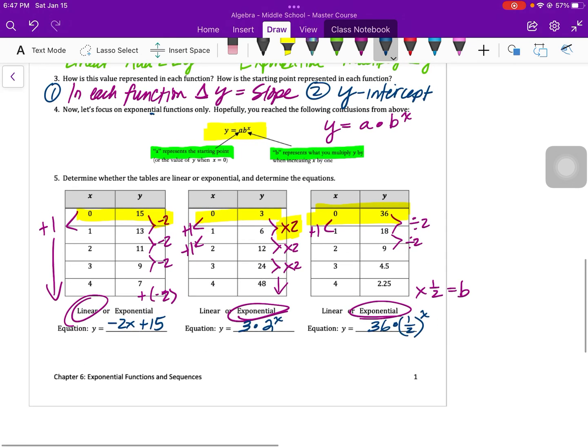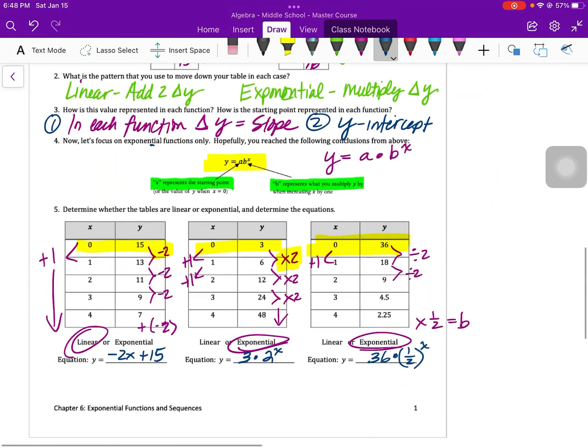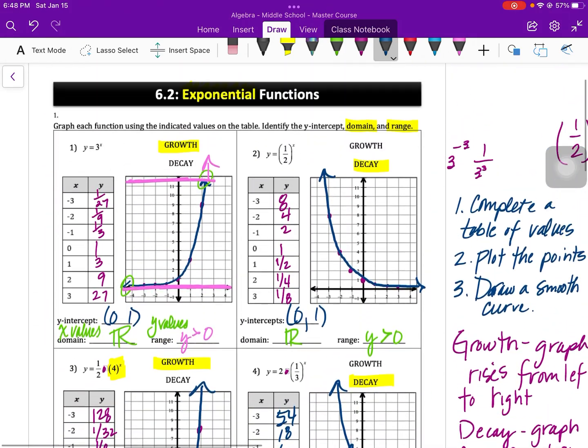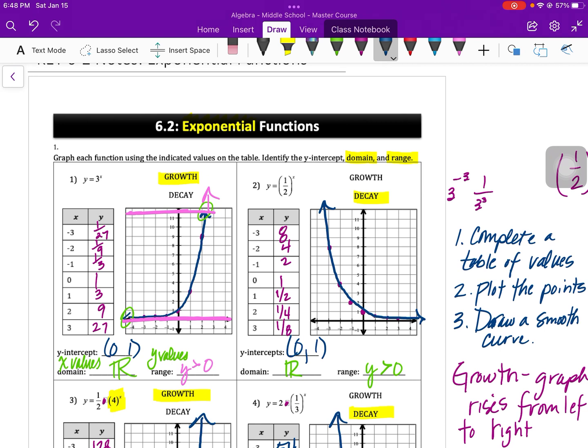All right. So I want to backtrack up here. Now that we know the parts of our function, let's go back up here and I want to talk about something really quick. Remember, we now know that our formula for an exponential function is y equals a times b to the x. So I want to look at that value of b and how that affects our function, okay?